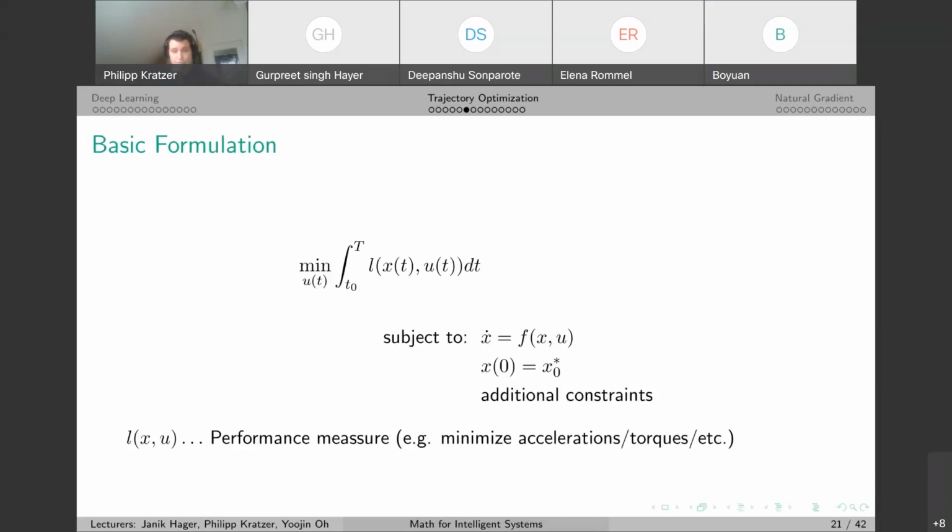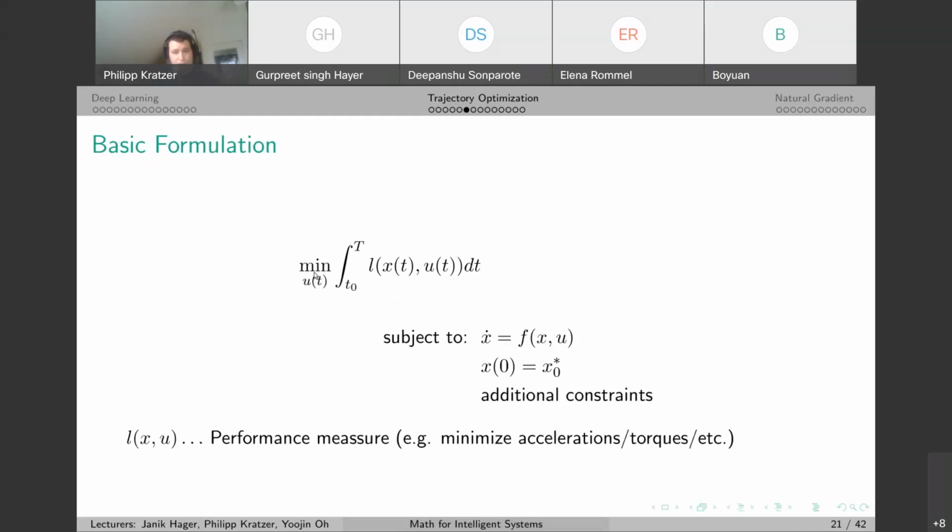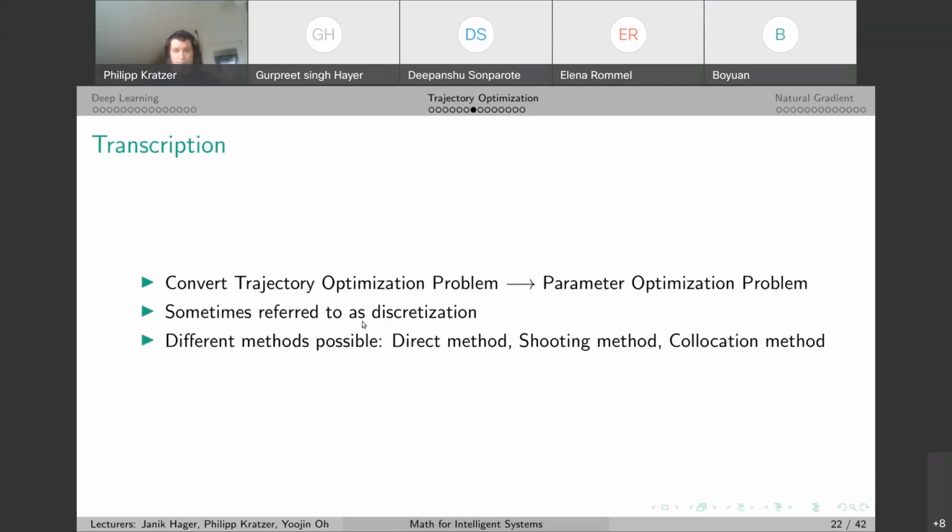Now this was for the continuous case, and we want to convert this into some parameter optimization problem. The problem here is that this is a function, so finding a function here is a bit intractable. So we need to parameterize it somehow so that we have a parameter optimization problem.